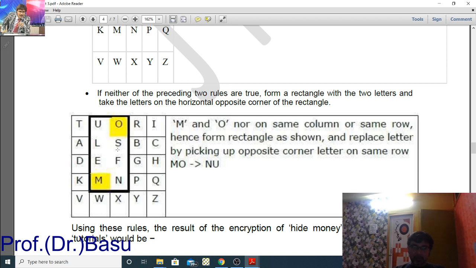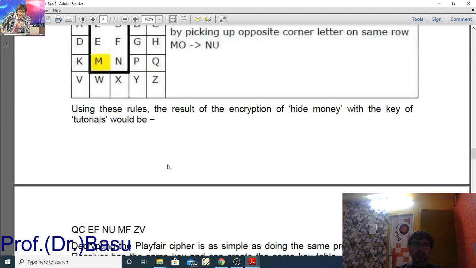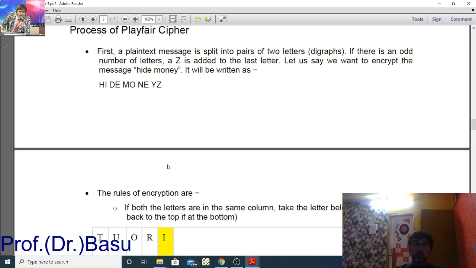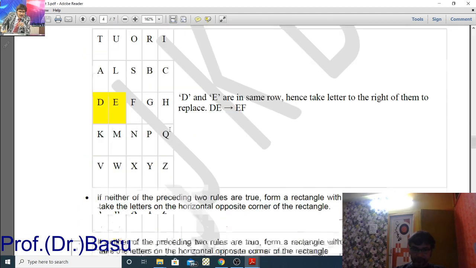So M and O will be replaced by N and U. So these three rules are applied for the Playfair cipher. This way we will be generating the cipher text according to the Playfair cipher system.